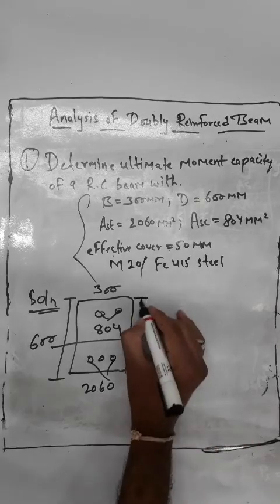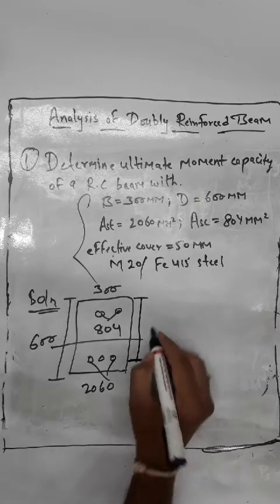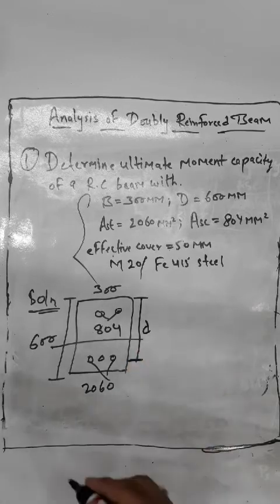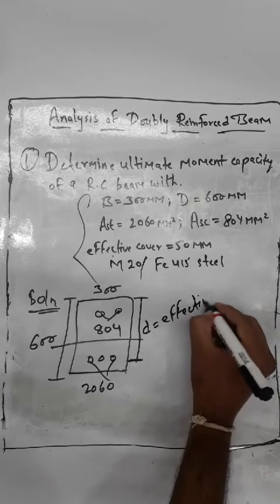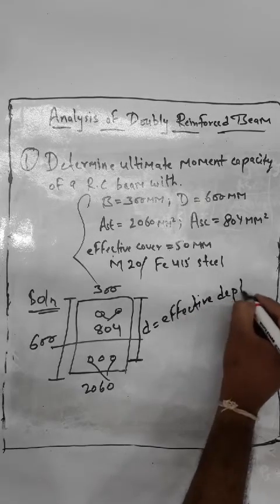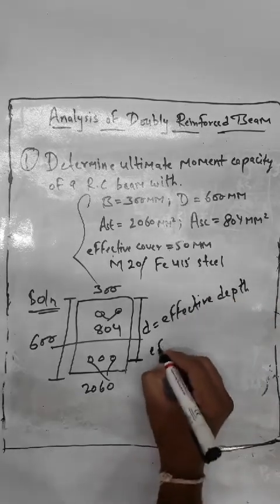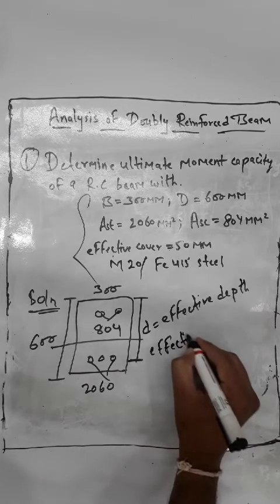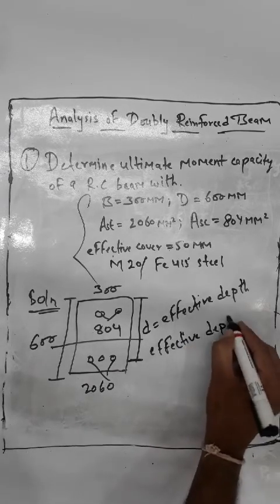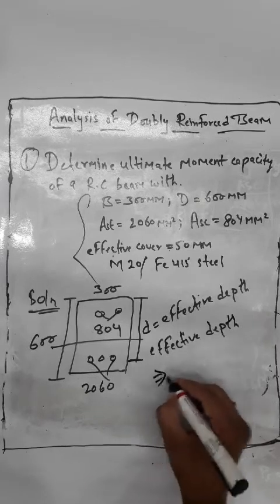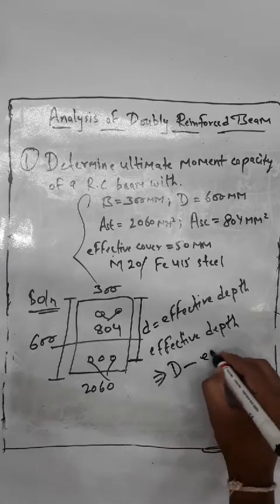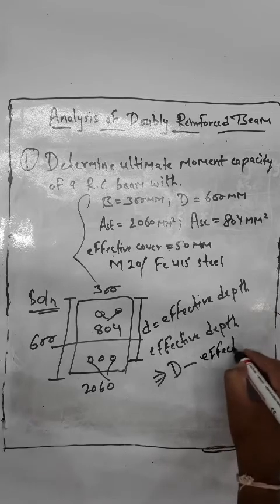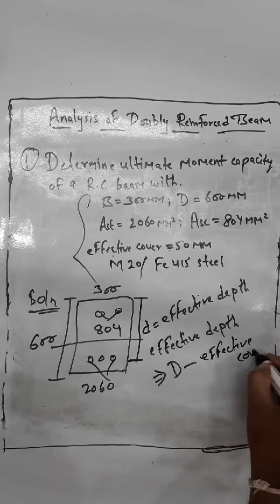So from this point to this point is our effective depth, and effective depth is equal to capital D minus effective cover.